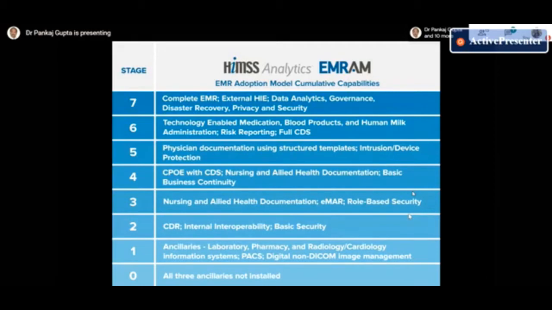Maybe this is an incorrect question, but I'll ask it anyway. The NHA RFP that's out, and what they're going to build as IT 2.0, is any component of that adopting or leaning towards adopting these kinds of standards? So this is the provider side.